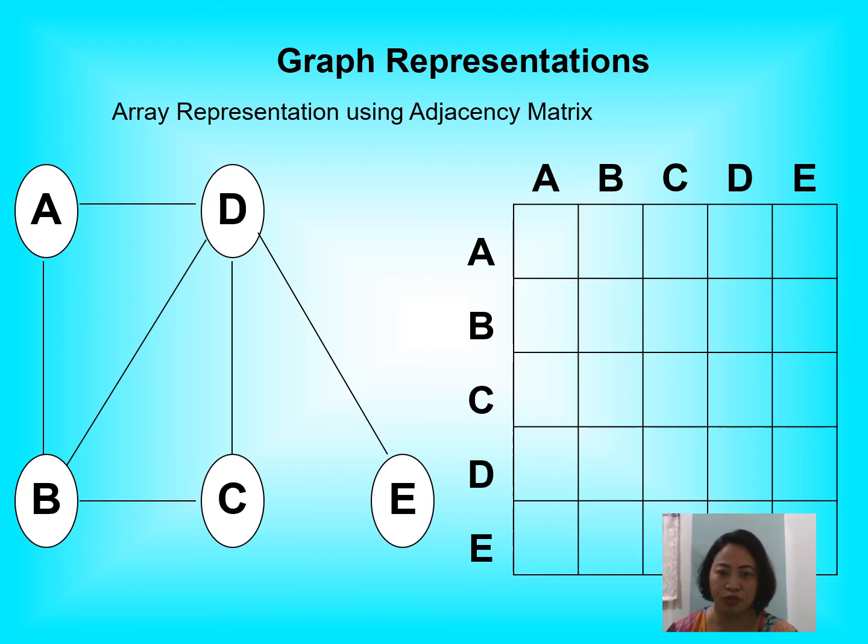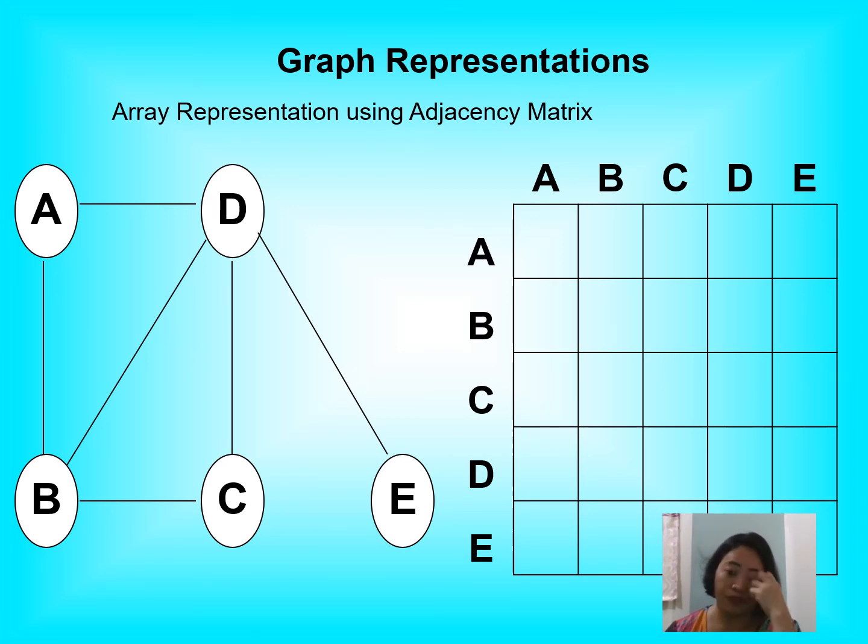We have 1, 2, 3, 4, 5 rows because we have 5 vertices, and you have to arrange the vertices alphabetically. So we have A, B, C, D, E, right? Same with the columns. You write each column with a heading of its vertex.